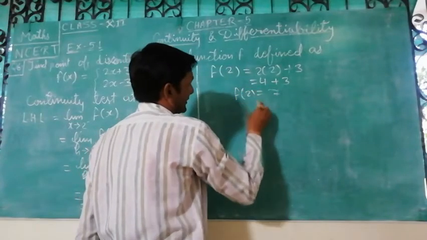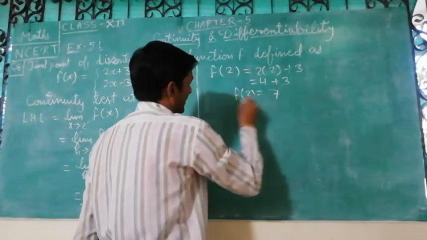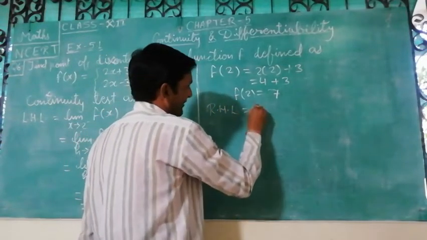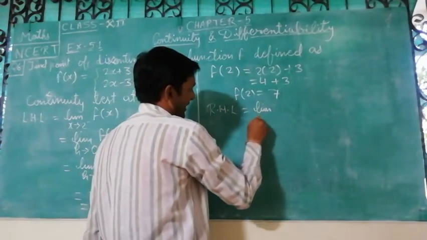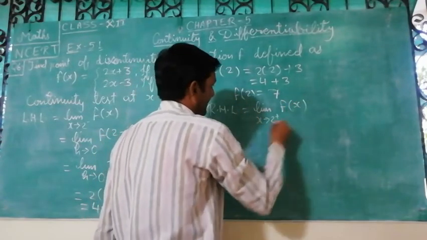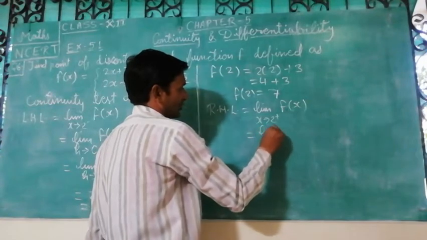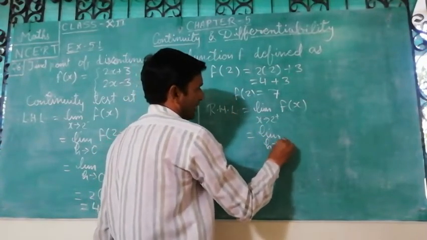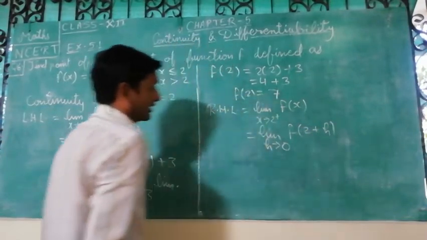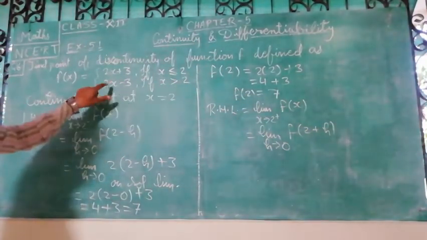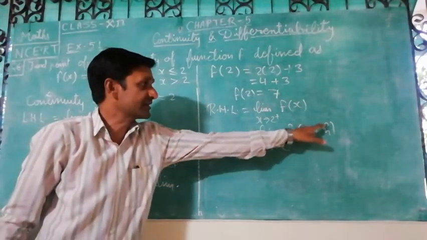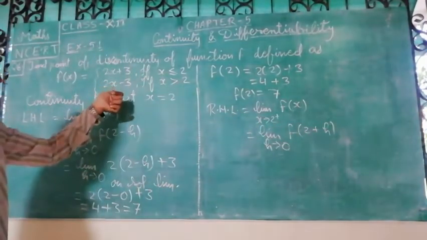Now we are doing RHL. RHL means right hand limit, that is limit x tends to 2 plus f of x, which can be written as limit h tends to 0 f of 2 plus h, meaning for greater than 2 it is this. So we have to put the value of x, this 2 plus h, in this function.